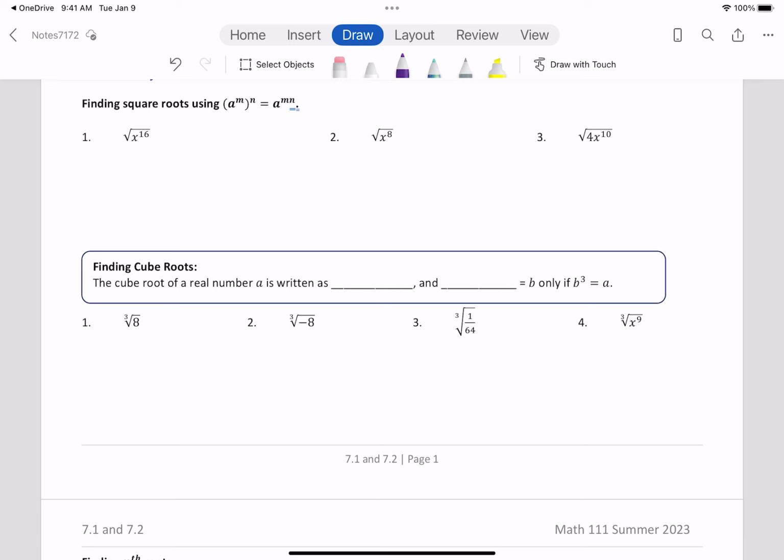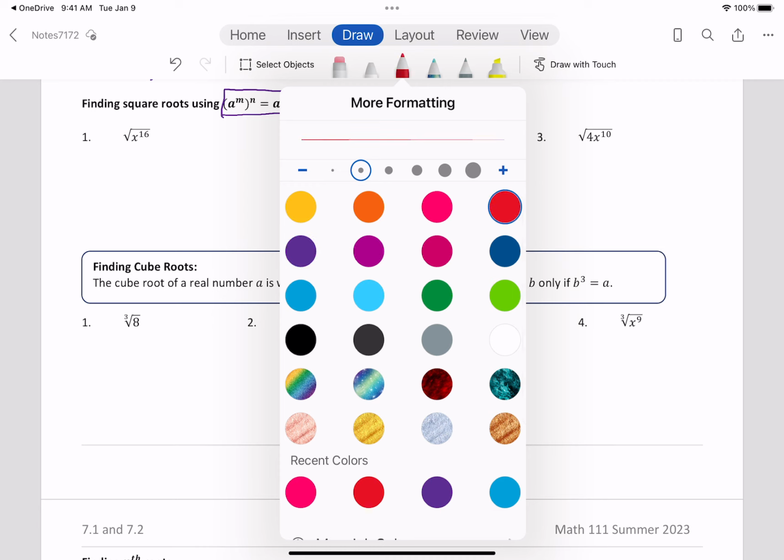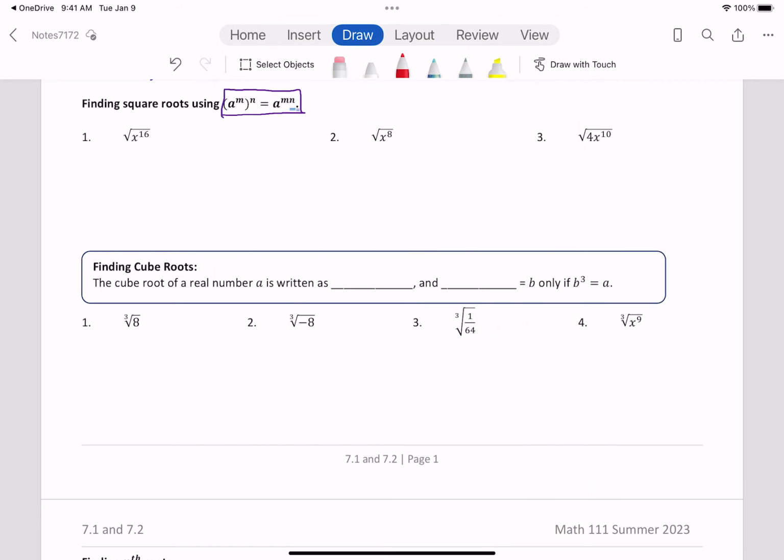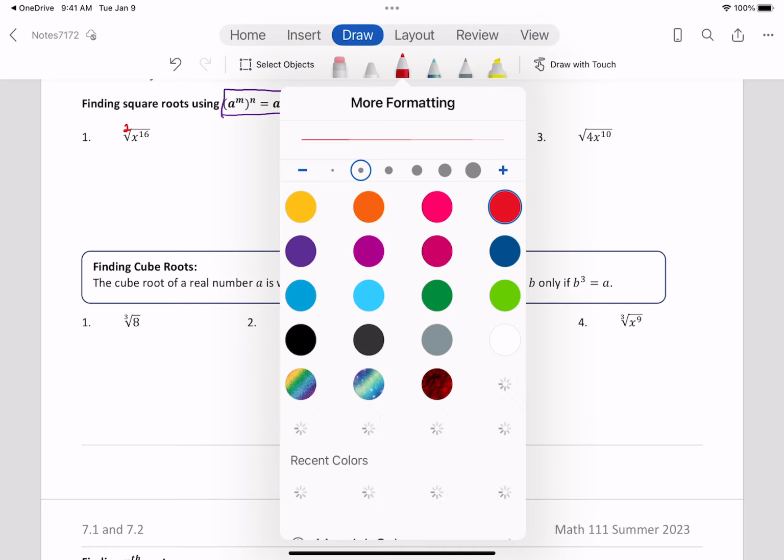And if you remember back, we had an exponent rule that we learned on the first test that said a raised to the m power and the whole thing raised to the n is equivalent to a to the m times n, which we called power to power multiplies, right? So what we want to do, that square root, my index of 2 is not showing if you want to think about it being there.